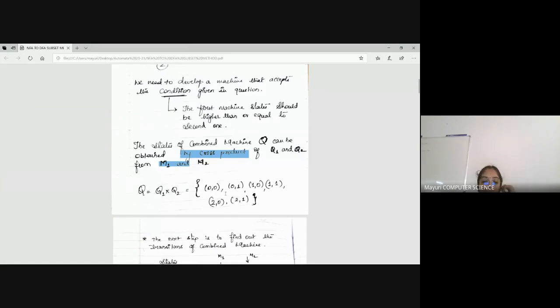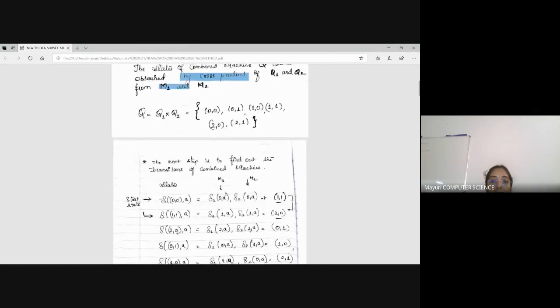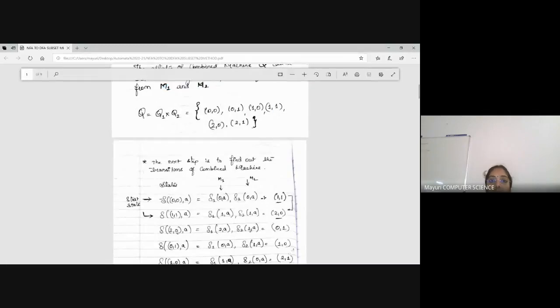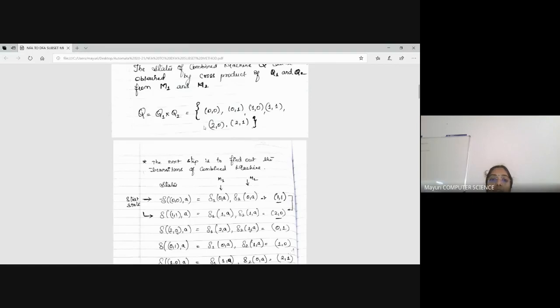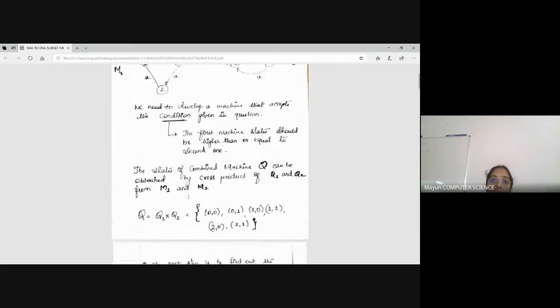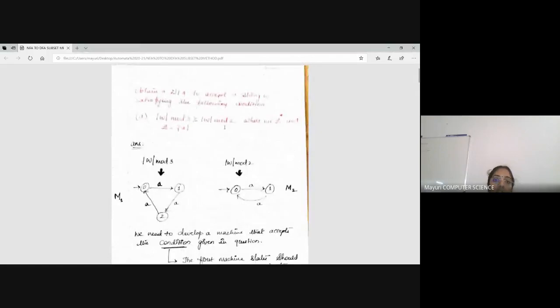Now, only knowing the states, you cannot complete the task of DFSM. What I have to do next is provide the input A to every state and see where it goes. These are my states: 0,0, 0,1, 1,0, 1,1, 2,0, 2,1. To these states I give the input A, because the input given in the question is only A. There is a possibility that they may give A comma B also, the set of all possible inputs.